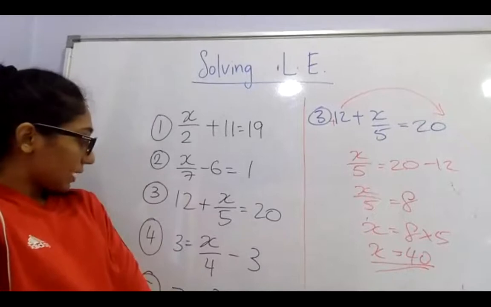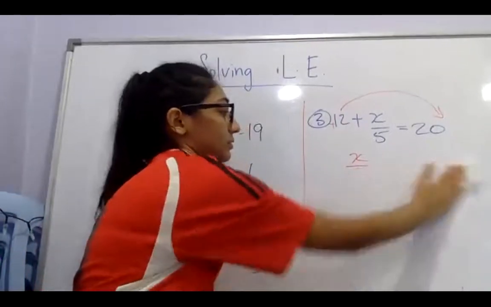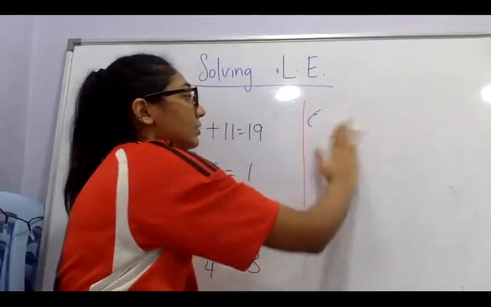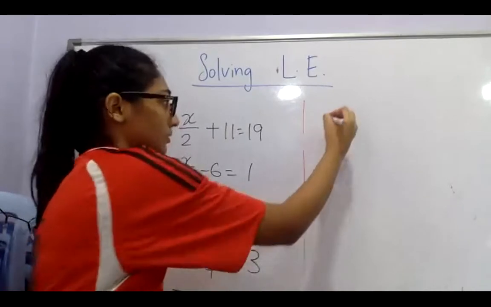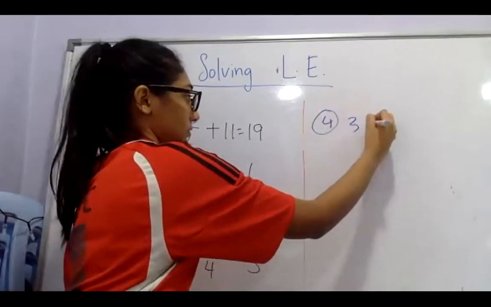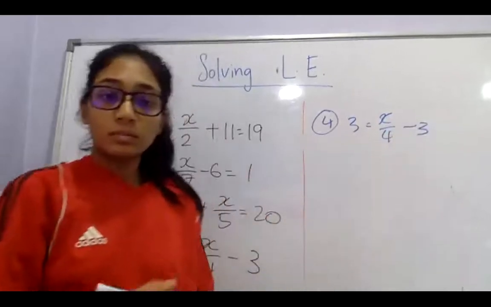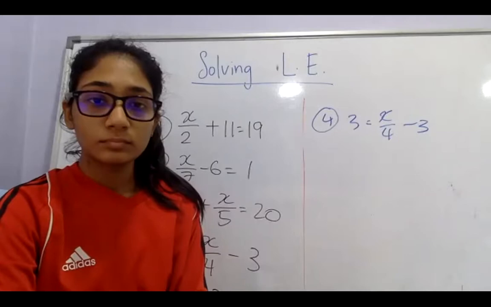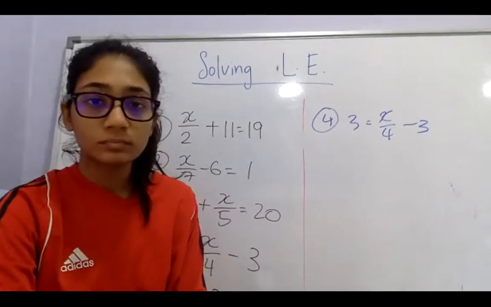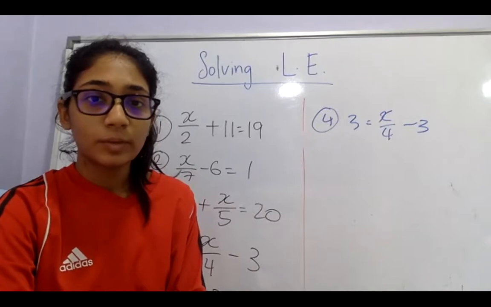Okay, let's go to the next one, which is number 4. Who wants to try number 4? Okay, Brayden.